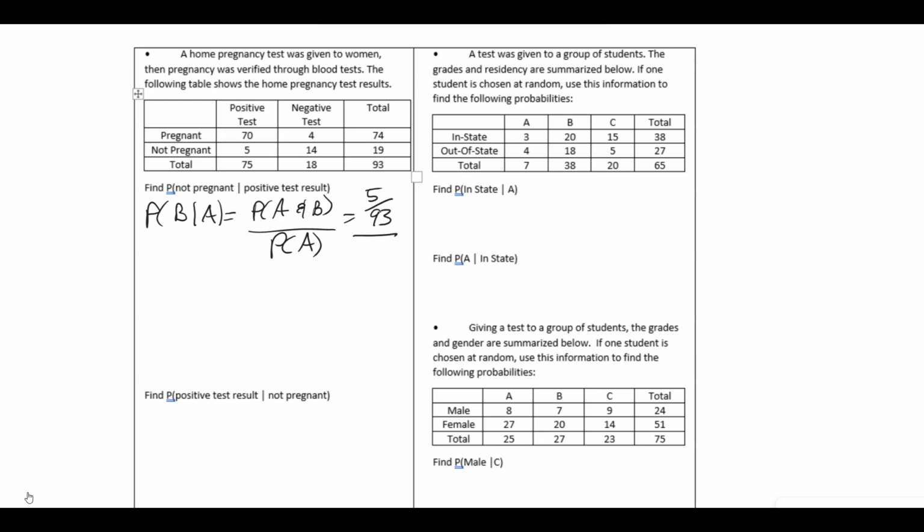Divided by. Now, we're dividing by the given fact, the positive test result. How many positive test results are there total? 75 out of 93.